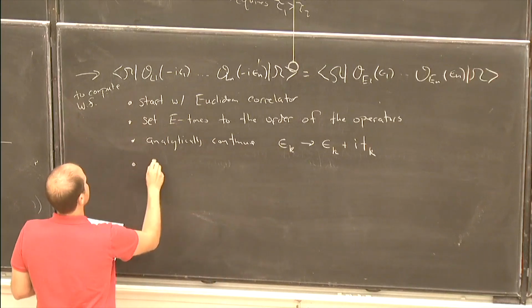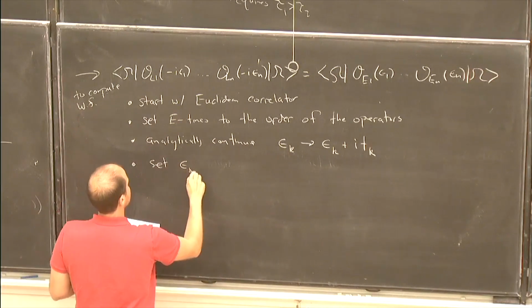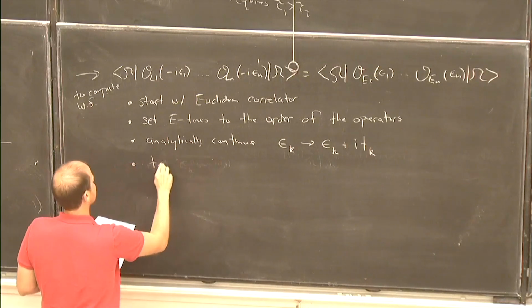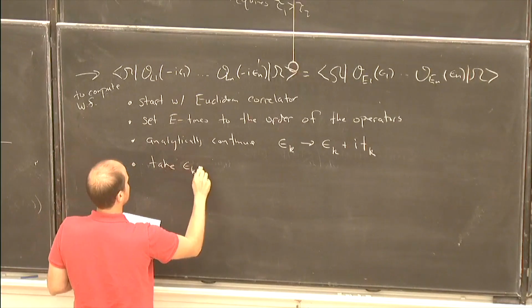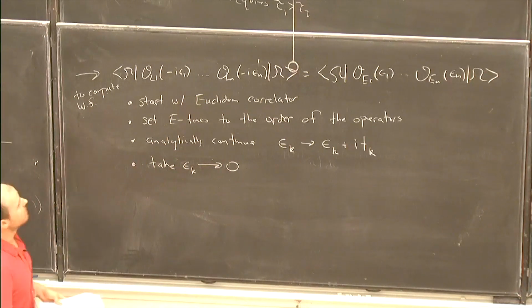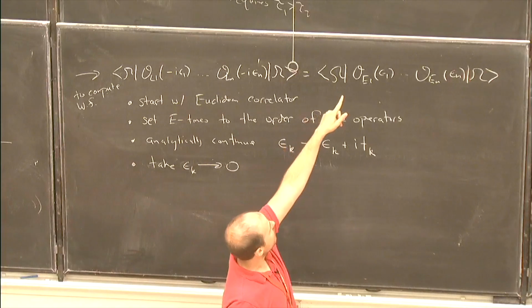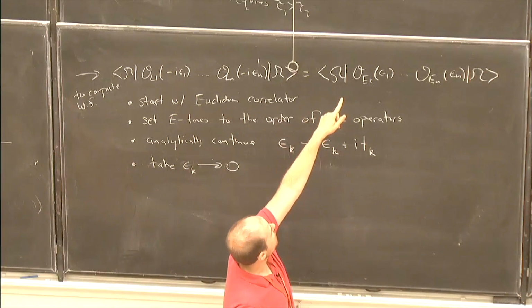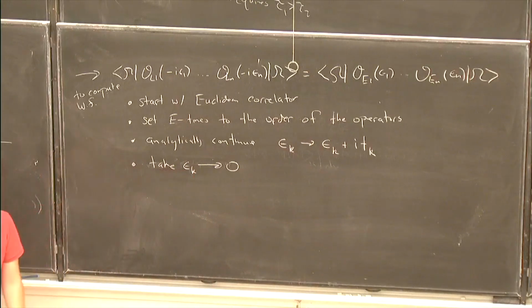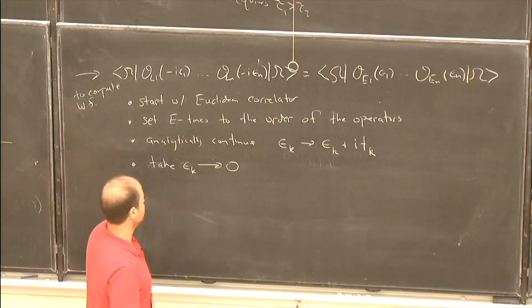And then finally, take the limit of the epsilons to 0. When we take the epsilons to 0, we might have an object like that. The limit as epsilon goes to 0 of that thing looks pretty scary, but it's perfectly well defined as a distribution. It's not a nice function, but it's a nice distribution.